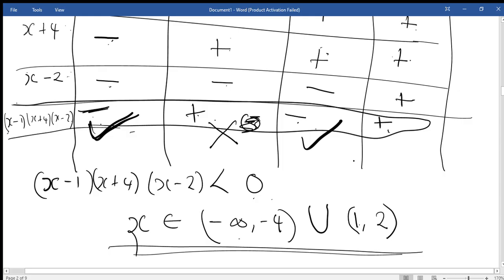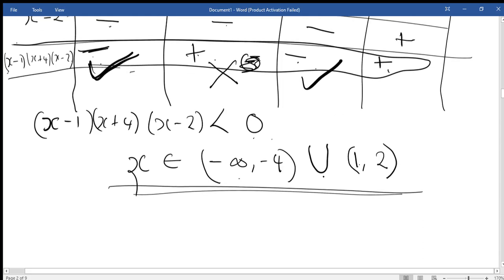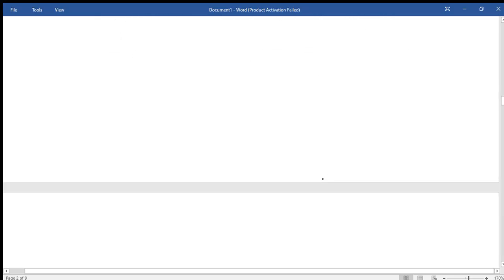So in this one question, we've highlighted three things: the rational root theorem, polynomial division, that is synthetic division, and also the concept of inequalities, how to solve inequalities involving polynomials. So that's a revision question there.